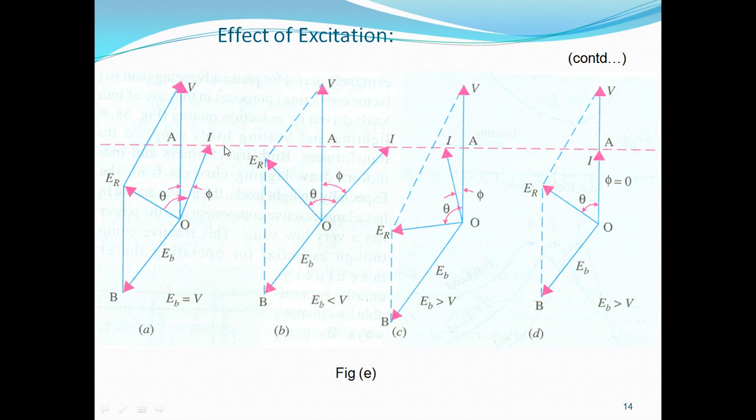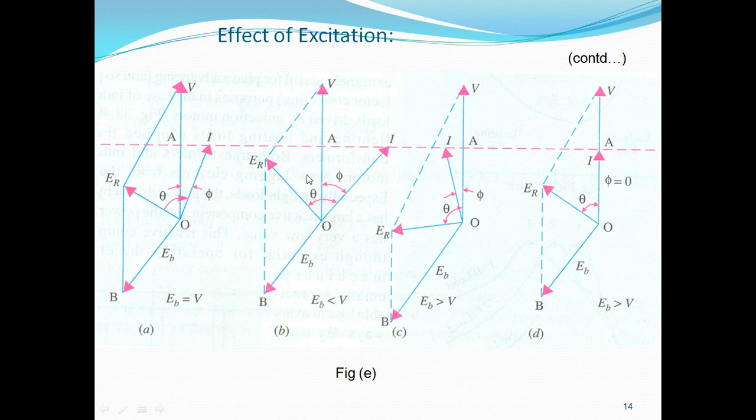In the next condition, the condition where EB is equal to V is called normal excitation. Suppose the excitation is decreased, that is EB is less than V. So ER is pulled towards the clockwise direction. See here, ER is pulled in the clockwise direction.